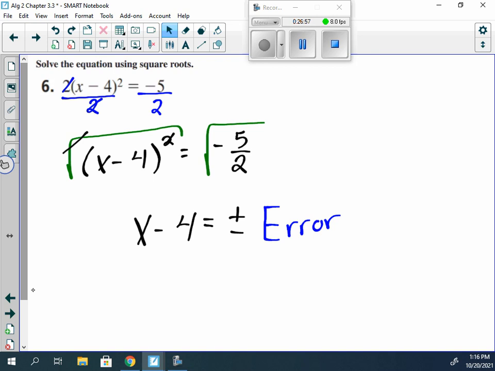Well, here we're looking for a number that times itself is negative, yes? Well, positive times a positive is a positive, and a negative times a negative is a positive also. So is it possible to multiply a number by itself and it be negative? No. So that's why we get an error. So at this point, this here is no.